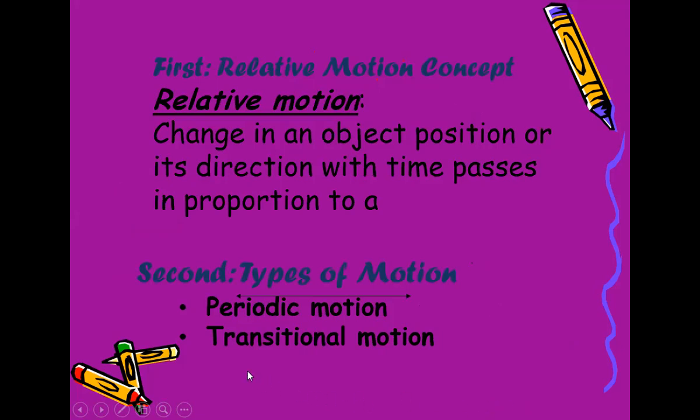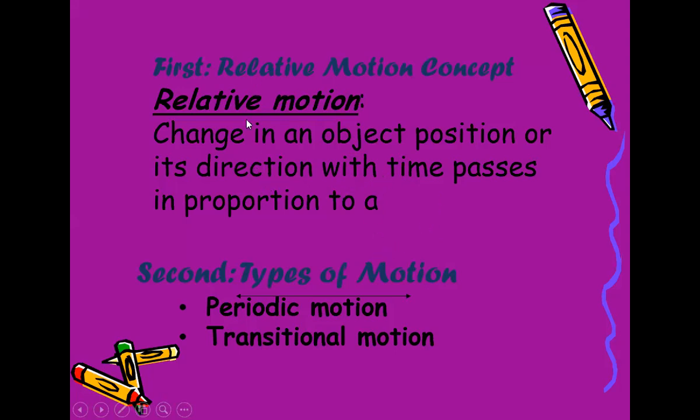In Prep 1, I think you studied relative motion and types of motion before. That's right. What's meant by relative motion? An object moves from one position to another relative to another object or an observer. If I stand in my place and Yusuf and Jana go from one position to another, I observe Yusuf and Jana, so I can calculate the relative speed or relative motion.